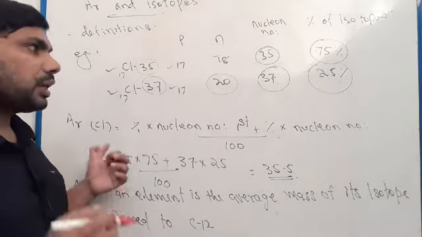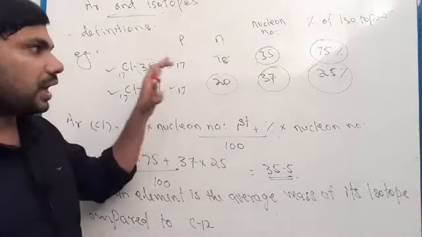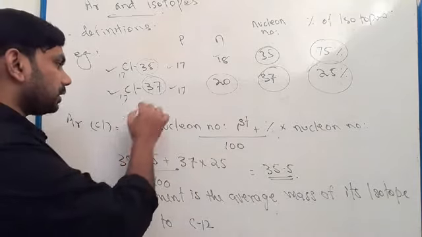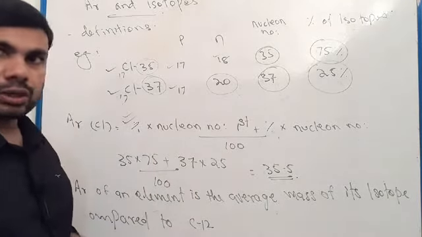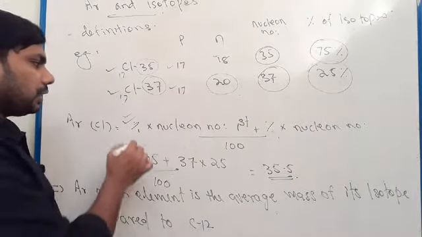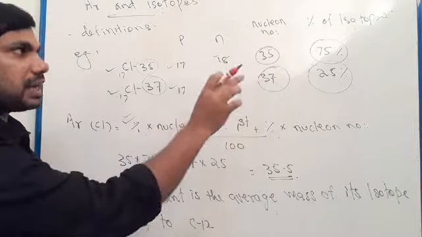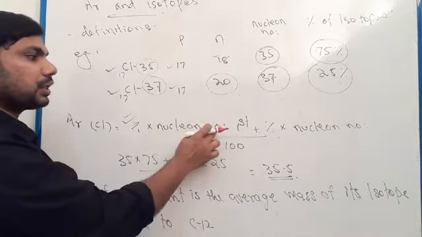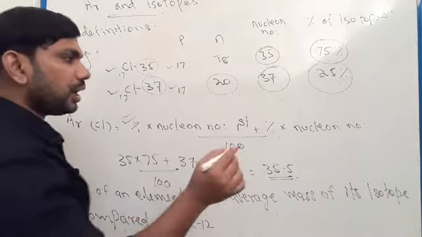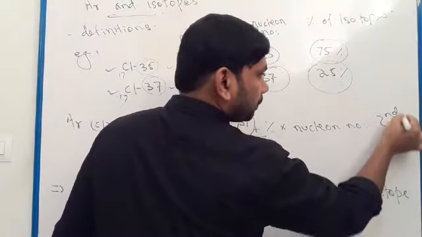To get the relative atomic mass of chlorine from the different isotopes, this is the equation. You have to remember this equation. Here there are two different isotopes, first isotope and second isotope.